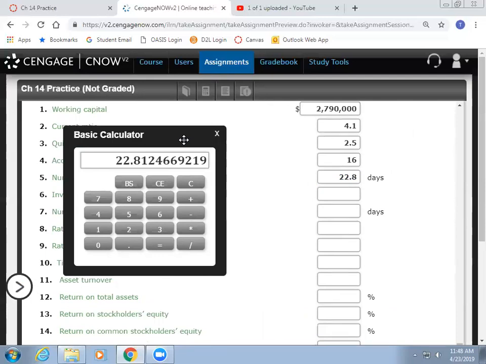If we had a net 15 policy, they're all paying late, right? So again, some of this we have to understand how the company operates to really evaluate the efficiency. And sometimes it's an industry specific thing. Again, it's just good for you to start understanding it. I'm not going to ask that you tell me all the ratios and what they mean.